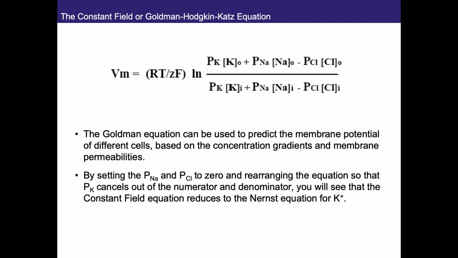A lot of people use these terms synonymously, but they're not the same, though they are very, very similar. So permeability is the ease at which a molecule enters into the pore. Conductance is the ease at which an ion moves across the membrane. Again, it's very difficult to measure permeability. That's why we're going to be using the chord conductance equation in just a second.